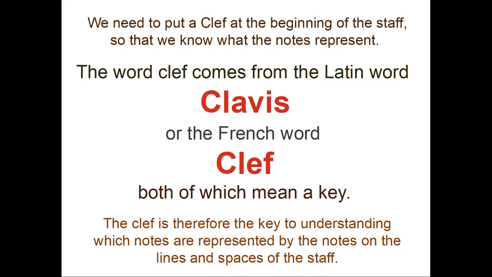The word clef comes from the Latin word clavis or the French word clef. Both of these words mean a key. The clef is therefore the key to understanding which notes are represented by the notes on the lines and spaces of the staff.